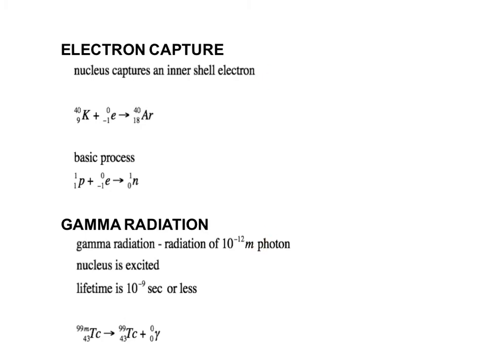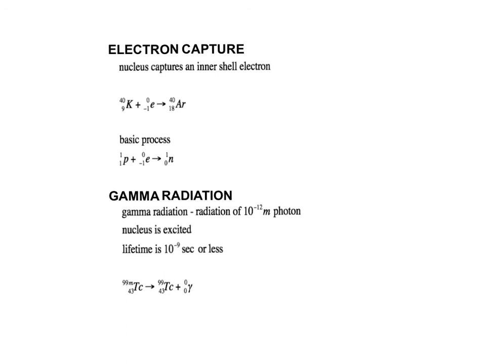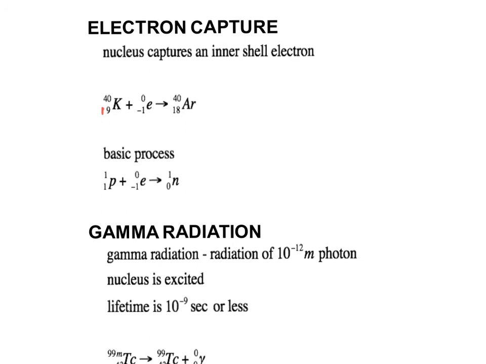Then we have electron capture as another process. This one's interesting too. So you have potassium, and there's a typo here as well. Let's fix that. 19. A couple typos in here. Okay, so you have potassium 19. In this case, it's very interesting. The nucleus in potassium steals an electron, one of its own electrons in the core.